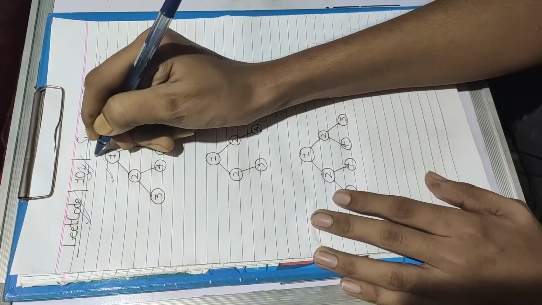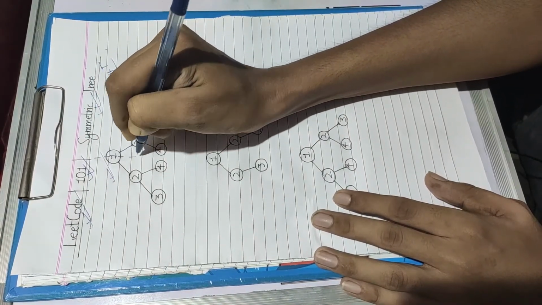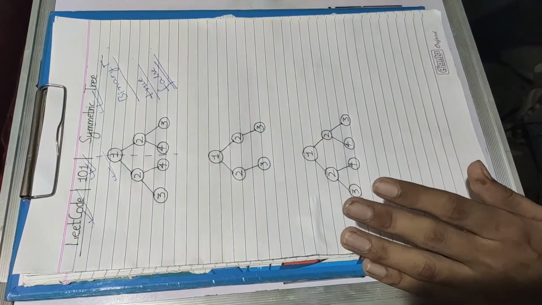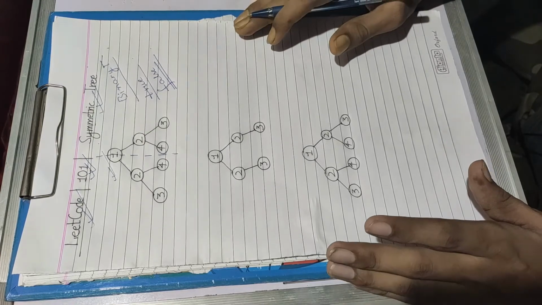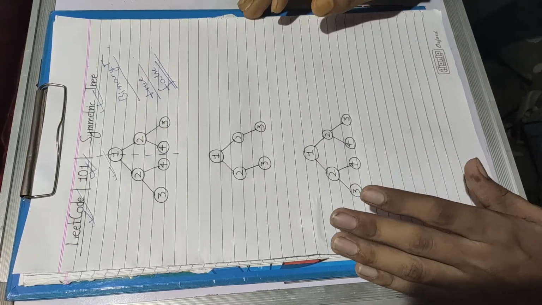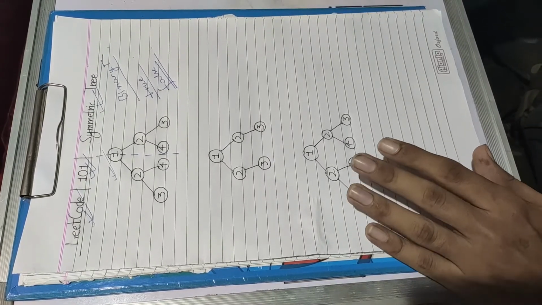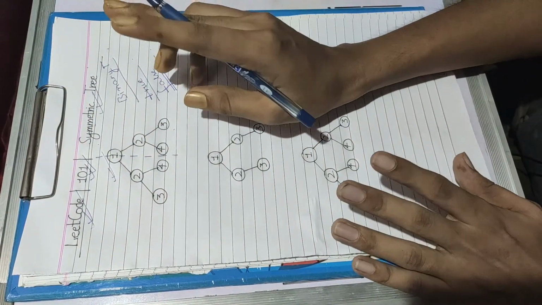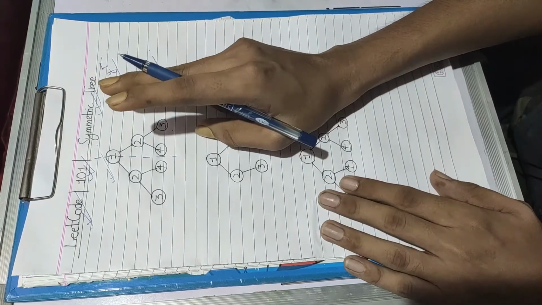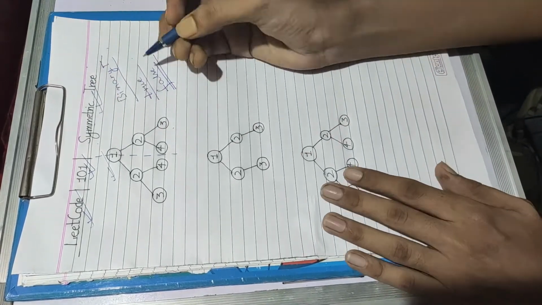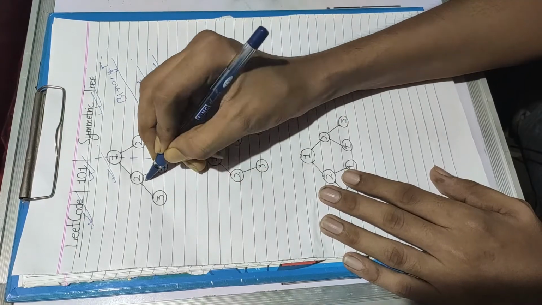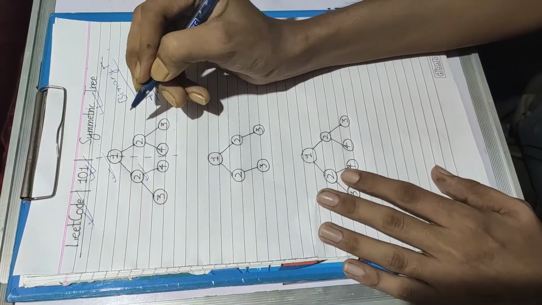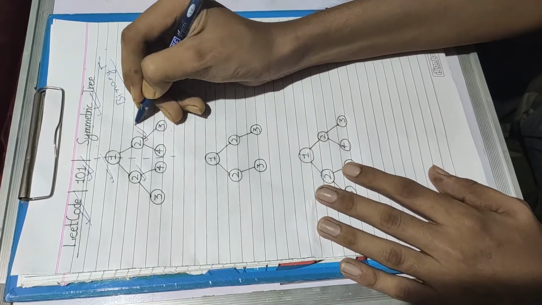If I cut this tree from the middle, and we find that the left hand side of the root is equal to the right hand side of the root in both ways, the structure as well as the value of each node in the left hand side should be equal to the value of each node in the right hand side.